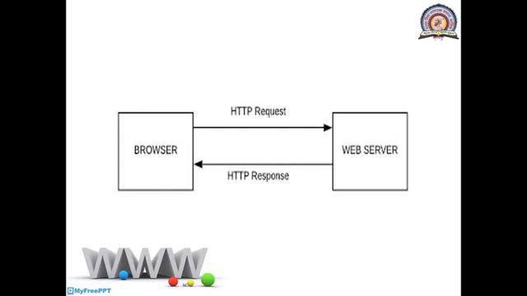Means what? First of all, which language they have to use, which type of communication will be there, and for what purpose the communication is there. These are certain rules, and by agreeing upon those rules they can communicate with each other.